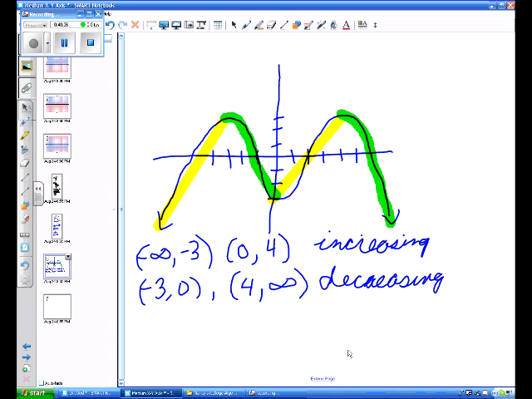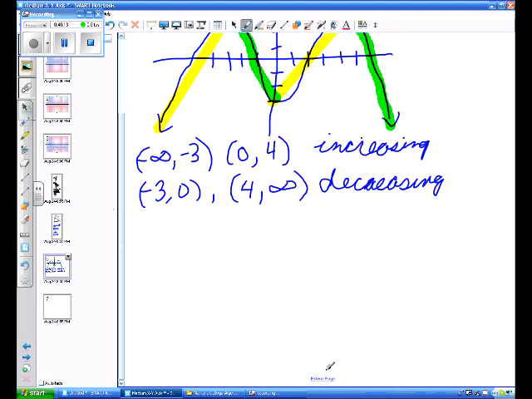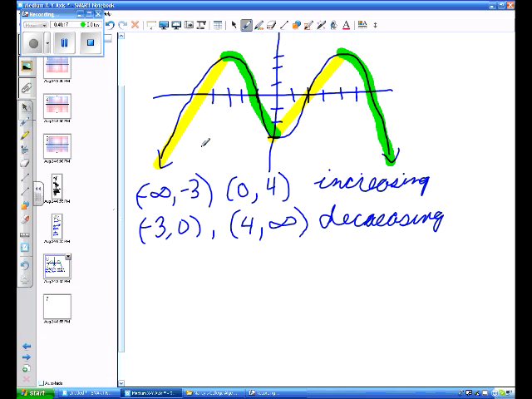Now we have some relative maximums and minimums. When we change from increasing to decreasing or decreasing to increasing, then we have what's called a relative maximum or minimum. So at this point, we have a relative maximum at x equals -3.